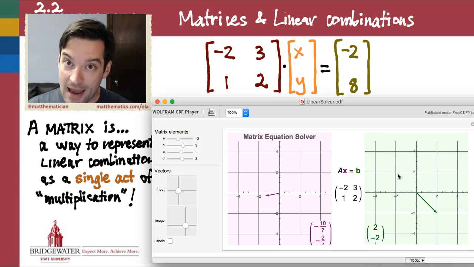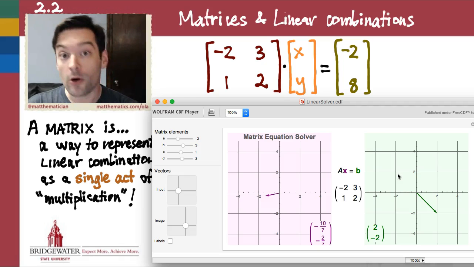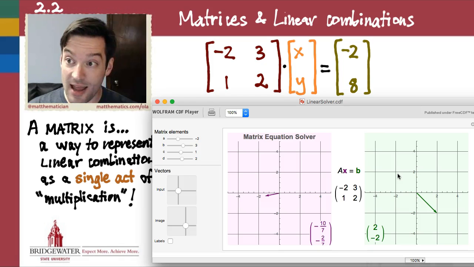And all the questions about whether or not this equation has a solution at all, or if it has a solution, how many solutions does it have? All of those can be explained by this transformational viewpoint in a variety of ways. This is my mental picture anytime I think about linear algebra. And I think if you sit with it for a while, it'll really become your friend, both in thinking computationally and also conceptually about the ideas of linear algebra as the subject goes forward.